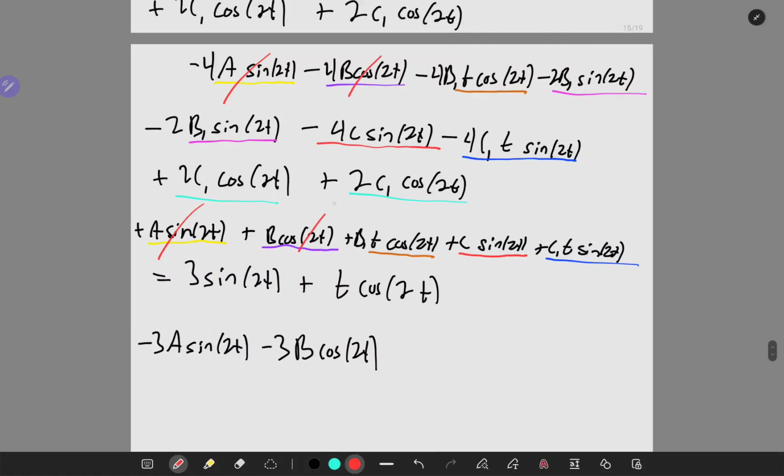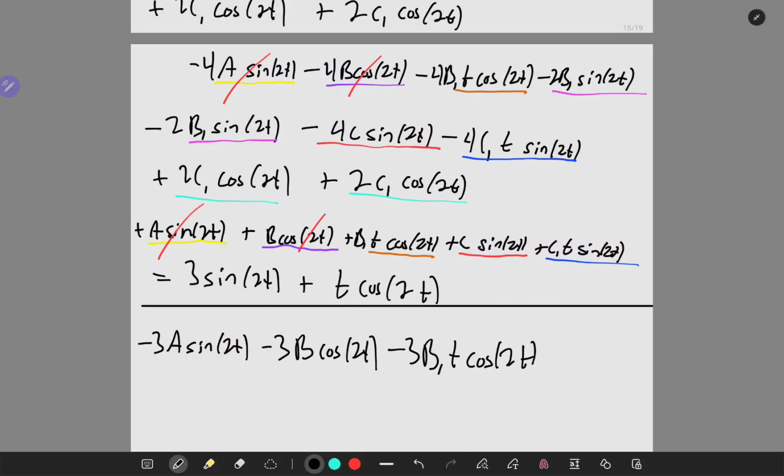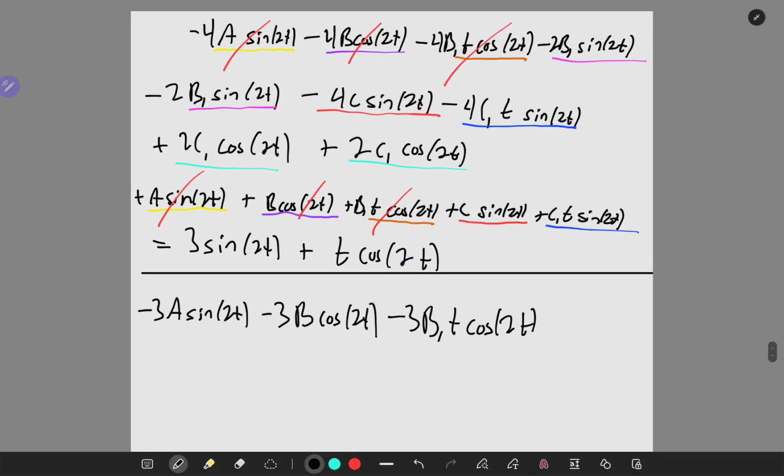These ones are done. Orange, we have -4 plus 1 again. -3 b1 of t cosine of 2t. Let me put a line here so we know where it changes. Those are done. The pink ones, we have -2, -2, so that's -4 b1 sine of 2t.